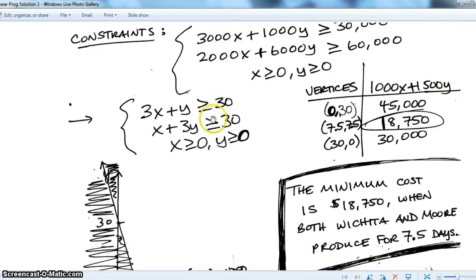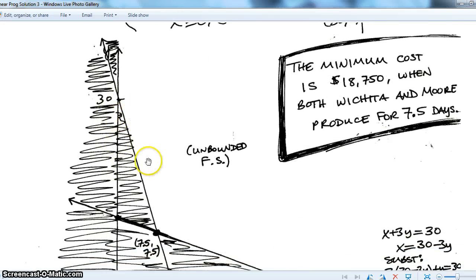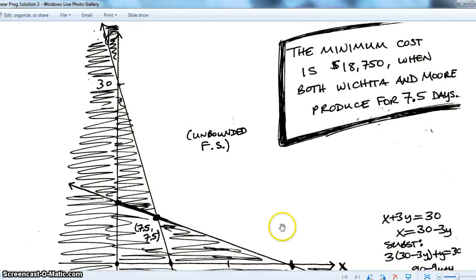And because the directions of the inequalities are all greater than or equal to, we end up shading above all of these lines, and it's in the first quadrant. So we get a feasible set that's got these vertices, but it's bounded by the y-axis and the x-axis as well.